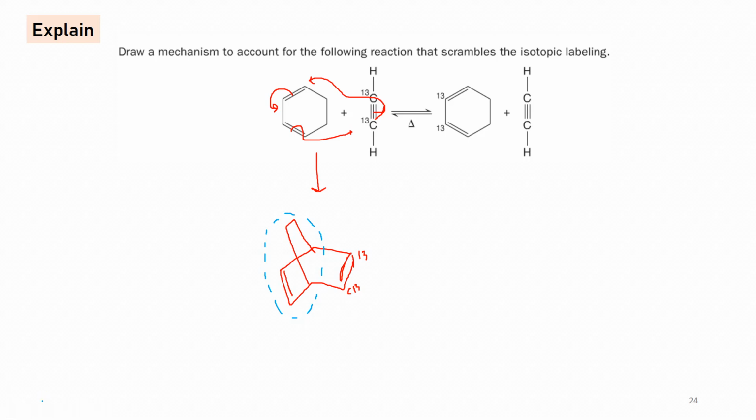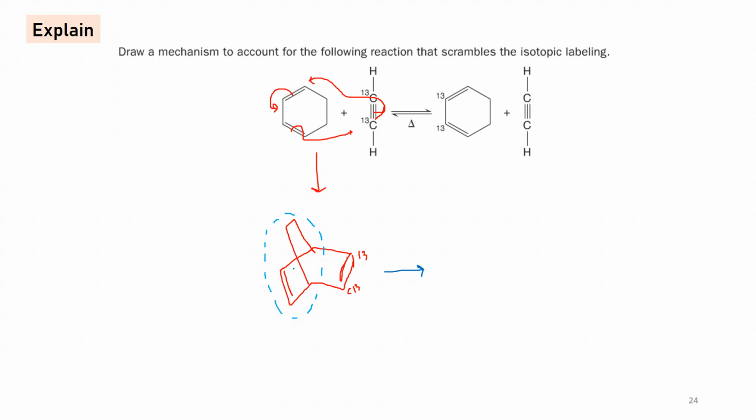Now what will happen? The next step, what will happen? So to get this cyclohexane, there should be a removal. So how is this possible? Suppose this ring breaks not from this position but from this position.